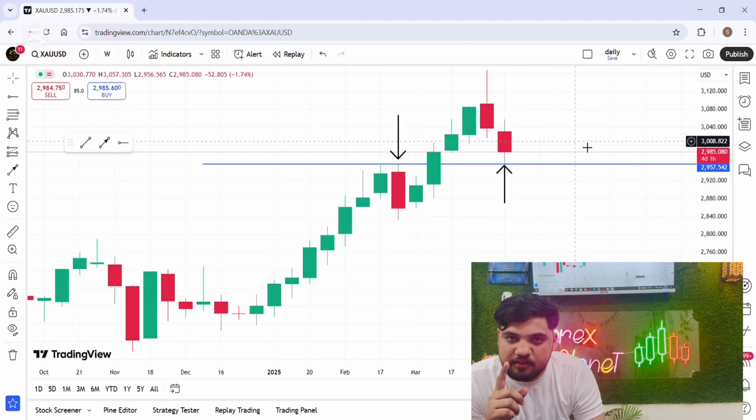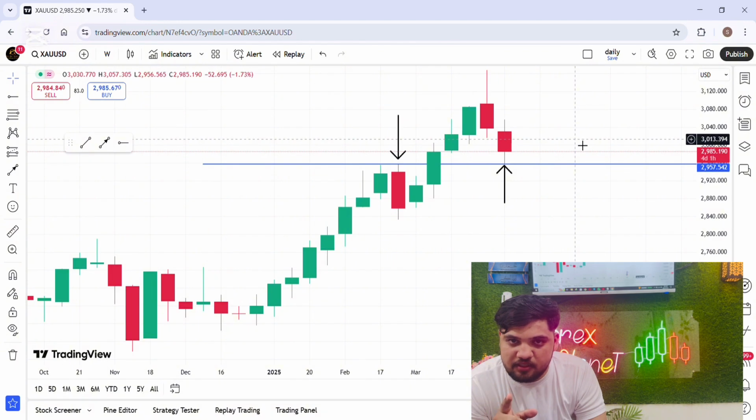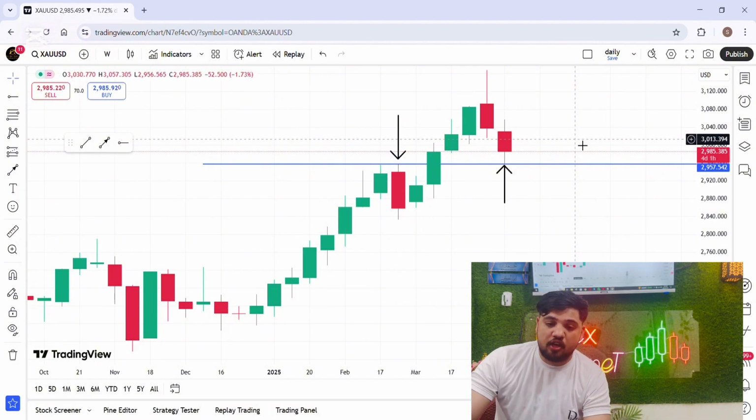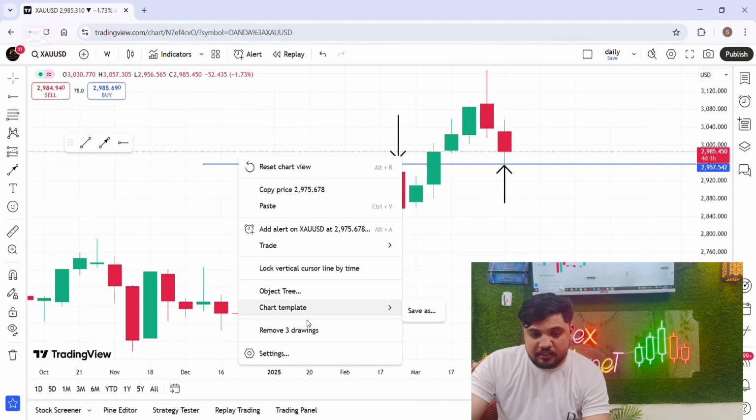So this is the first example that when the market breaks down its structure, it will retest its support or resistance. So here it is retesting its support that was a resistance some time ago, okay. So according to the weekly chart, the structure is complete.